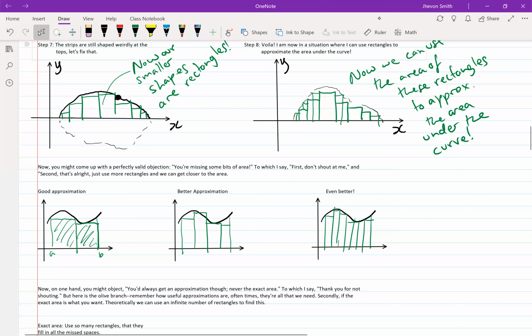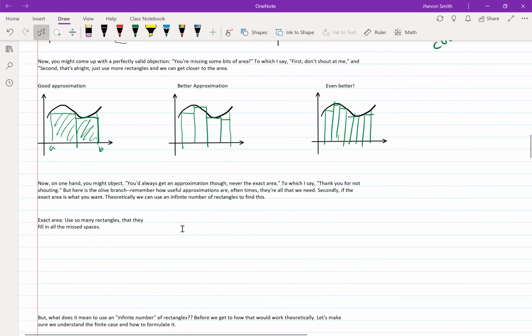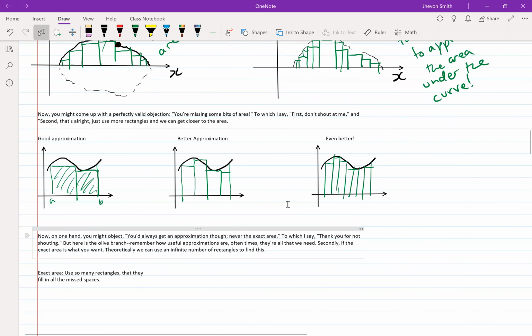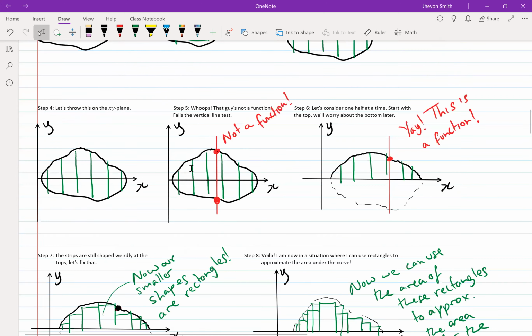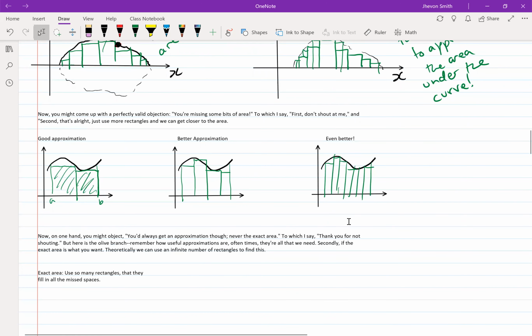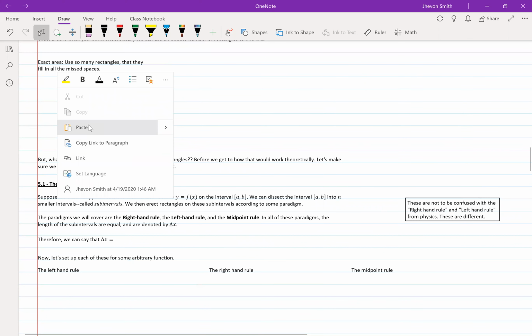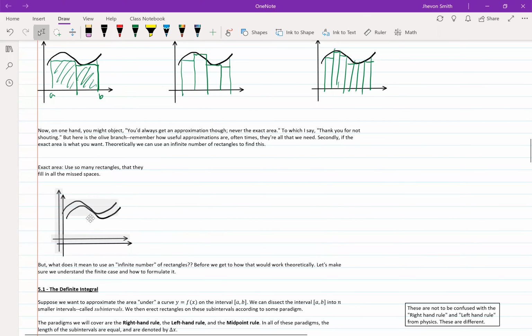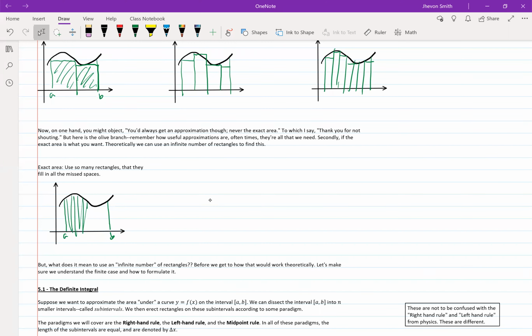And so now you might say, well, yeah, but I really want to get to the exact area though. Like, what is really the area under this thing so that I can find the area of this object that I really, really care about? And the idea is, theoretically, if you really, really want the exact area, essentially what we can do is use an infinite number of rectangles.